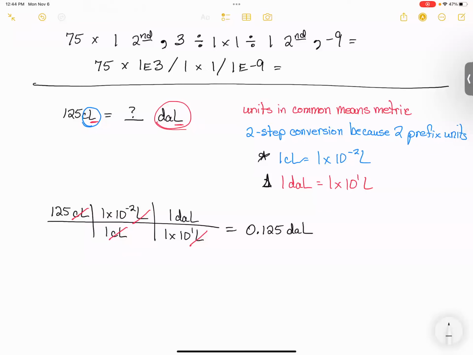We will do that on Wednesday, and we'll also get into this top table, which is your English to metric, English to English conversion factors. And how do you recognize when to use this table compared to when to use the metric table?